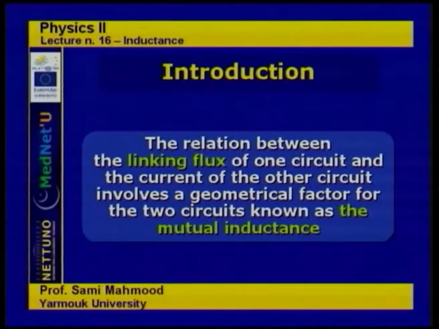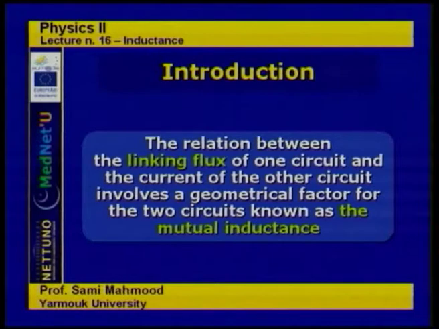And now the linking flux can arise from the effect of a current in another circuit, a nearby circuit, a second circuit. The relation between the linking flux in one circuit and the current of the other circuit also involves a geometrical factor for the two circuits now.